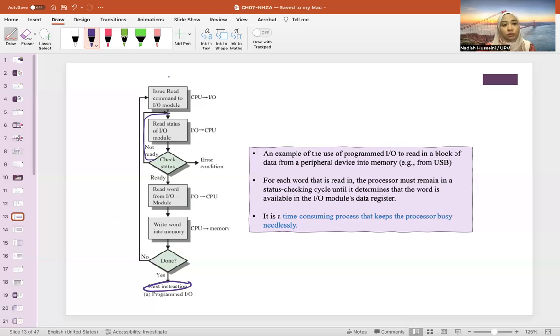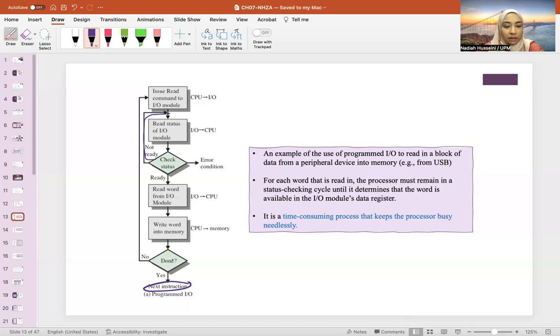Basically, if you want to read a large amount of data, you would have to do this block by block until it is done. Sorry, not bit by bit. What I meant is blocks, depending on the way that it is designed to read. I cannot use the word bit because bit means something else in this class.